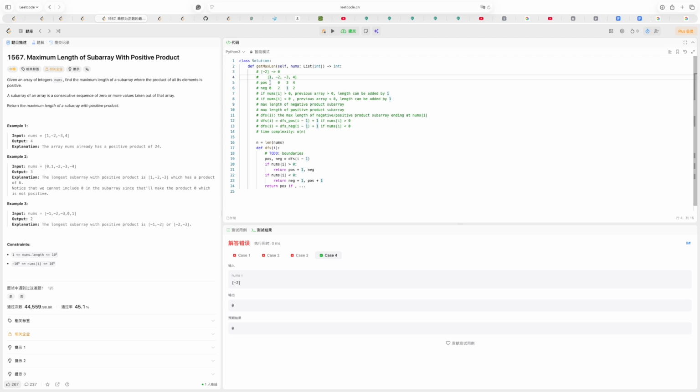Since it is positive, the positive length will be 1, negative length is 0. Okay, and the next value is negative. Okay, yeah, so positive plus 1, negative will not move.